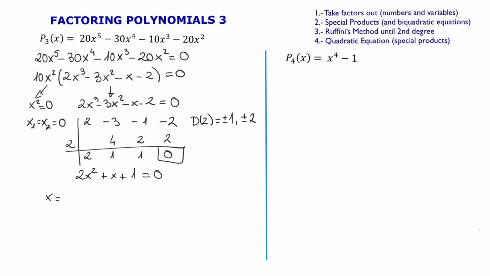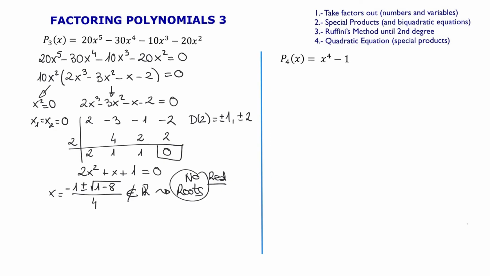And when I solve it, I have -1 plus or minus the square root of 1 minus 4 times 2 times 1, which is 8, over 2 times 2, 4. But the number inside the root is negative, which implies that it is not a real number.